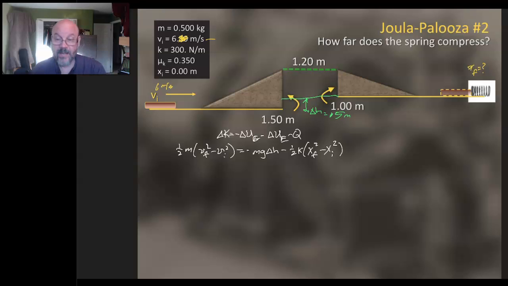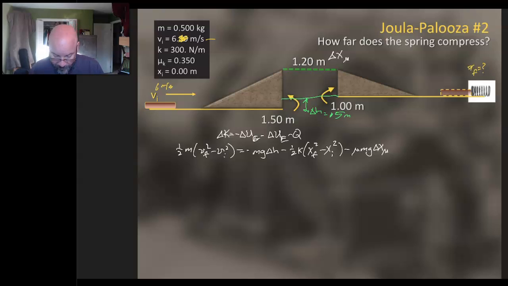And we're looking for that x f value, the final compression for x. And then we've got some friction, minus mu mg, we'll say delta x. Well, we should call it something. I'll call it delta x mu. I don't want to call it f because I don't want us to get confused with the friction, because I've got an x sub f on there.